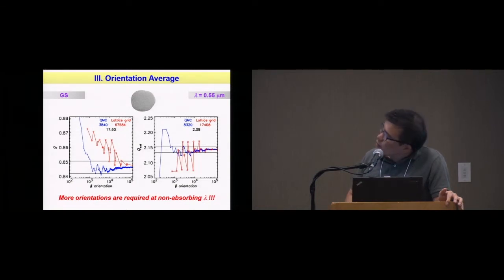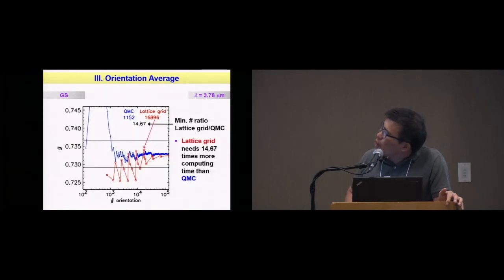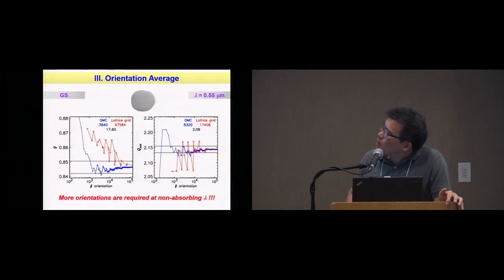Yes. So this one shows 3.78 micrometers, and the next one is 0.00 micrometers. So at this wavelength the ice crystal is non-absorbing. And compared to the previous slide, more orientations are required for non-absorbing wavelengths.